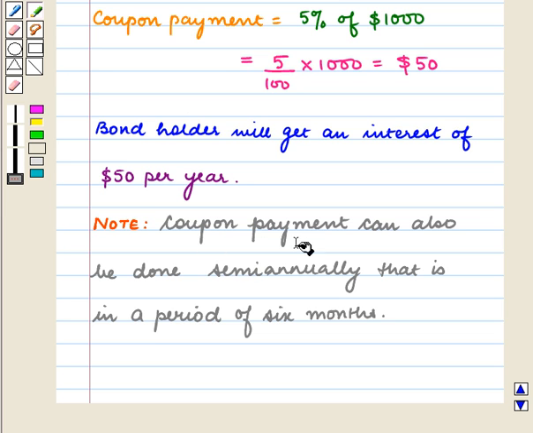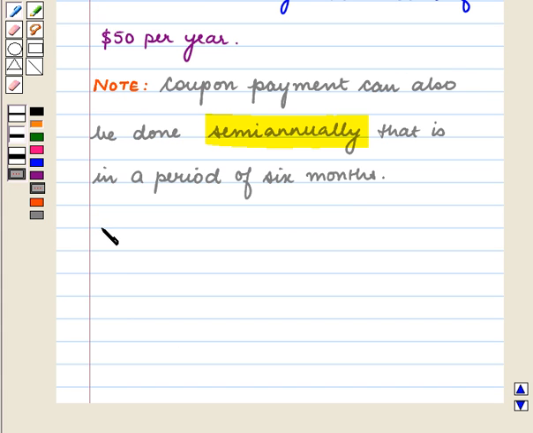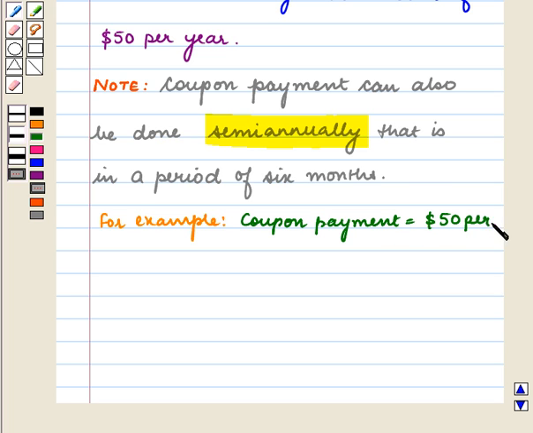Note that coupon payment can also be done semi-annually, that is, in a period of 6 months. For example, if coupon payment is equal to $50 per year, then its semi-annual payment will be $25 paid twice annually.